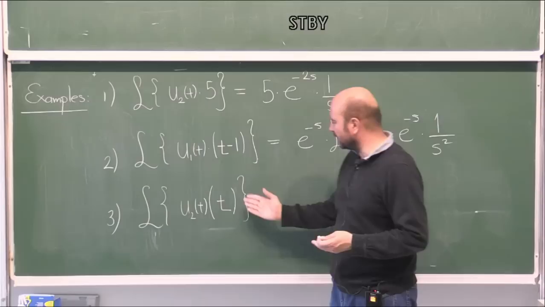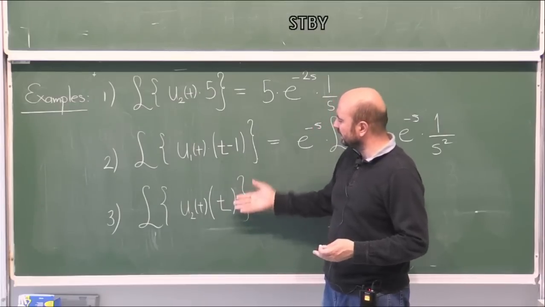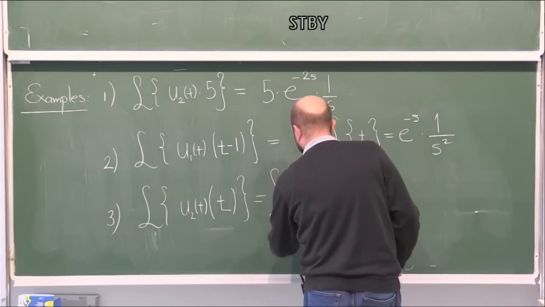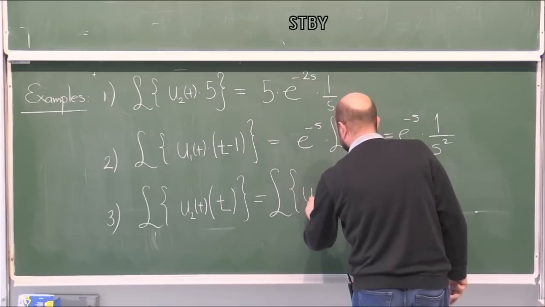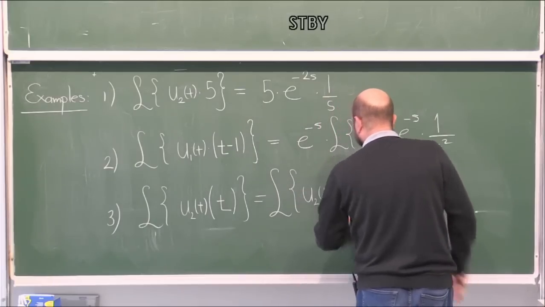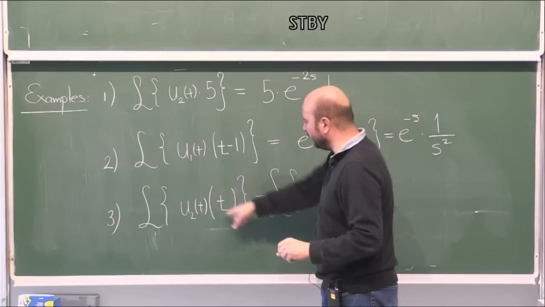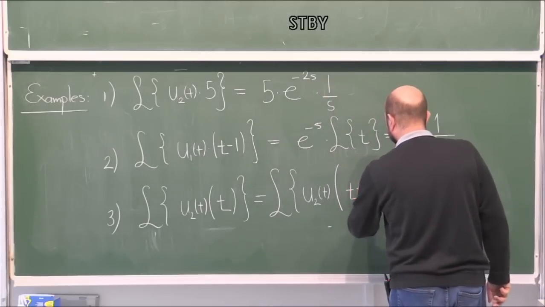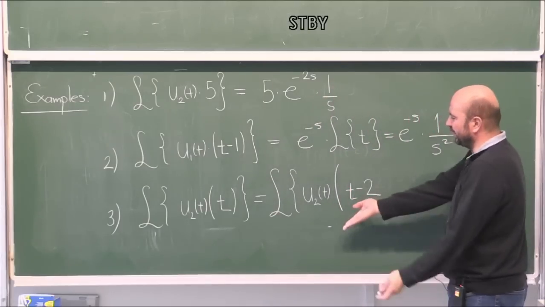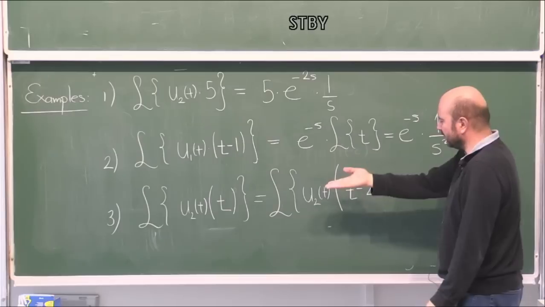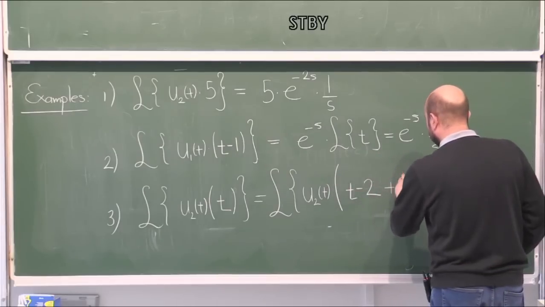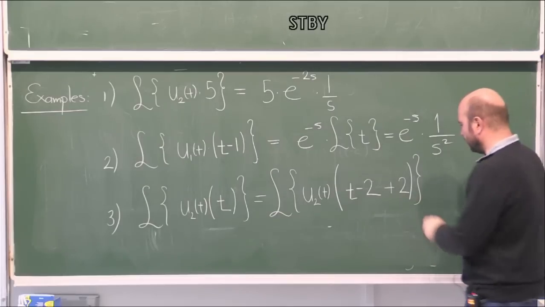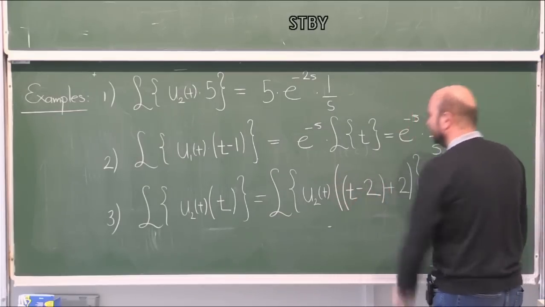I will try to make this part look like it is in terms of t minus 2. I will not use t anymore here. I have to use t minus 2. If I write this, my function became t minus 2, not t, so I'm correcting it with plus 2. So I wrote the same thing, but by using t minus 2.